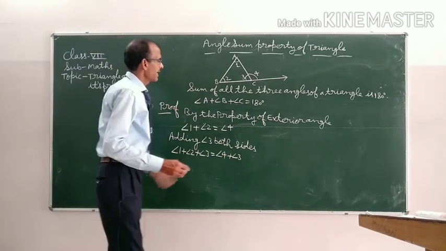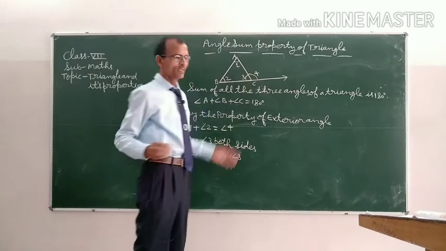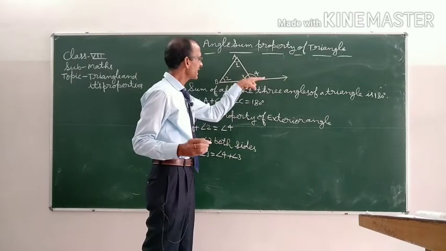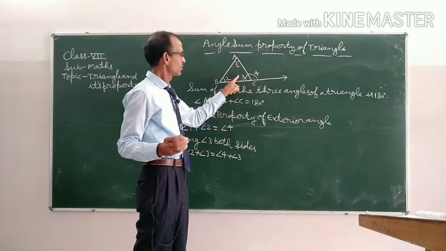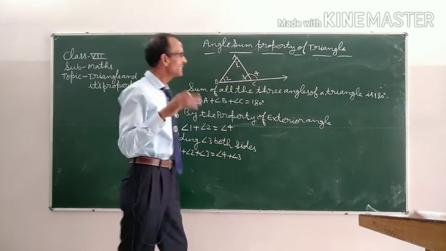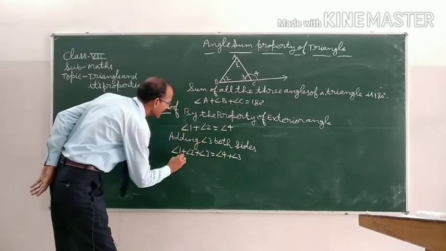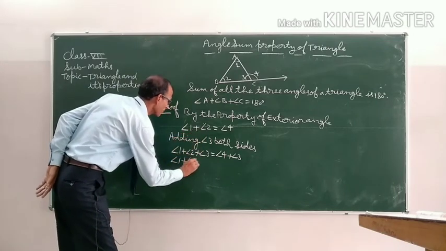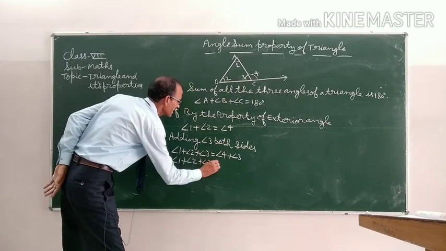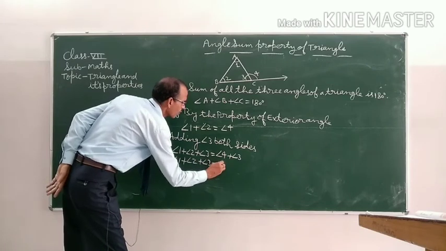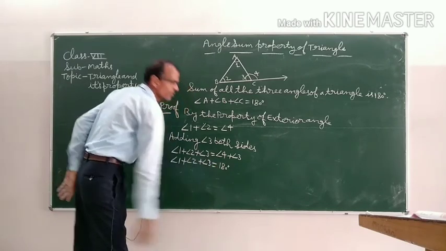Here angle 4 plus angle 3, this type of angles, these are linear pair angles. So we know that sum of linear pair angles is always 180 degree. So we can write angle 1 plus angle 2 plus angle 3 is equal to 180 degree. Okay?